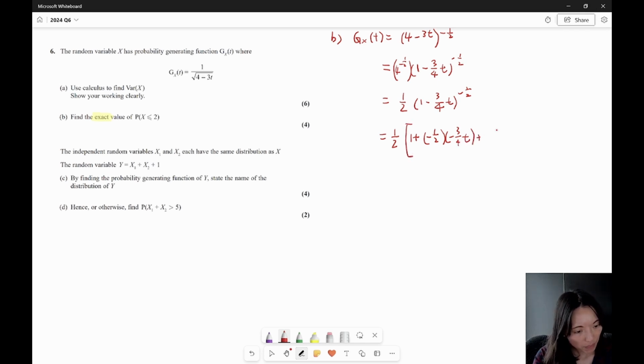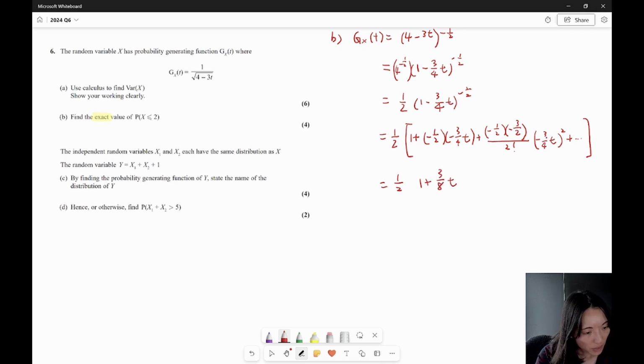And then for the coefficient for t squared, we keep the 1 over 2, and then take that over 2 factorial. For this term, we'll need to take the square of this term, etc. Okay? Simplifying, 1 plus 3 over 8t.